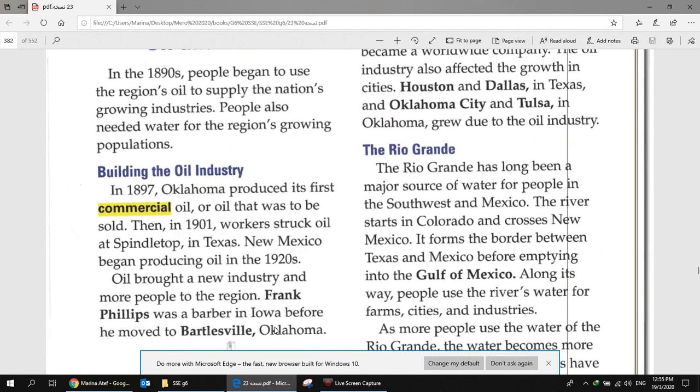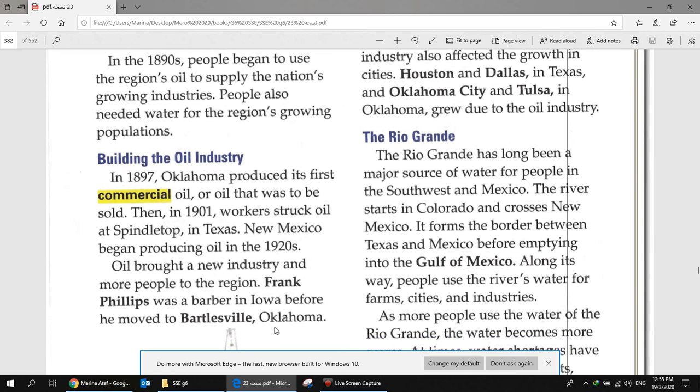How about the water? The Rio Grande has long been a major source of water for people in the Southwest and Mexico. This is the name of a river, a river in Colorado, and it crosses New Mexico too. It forms the border between Texas and Mexico before emptying into the Gulf of Mexico.